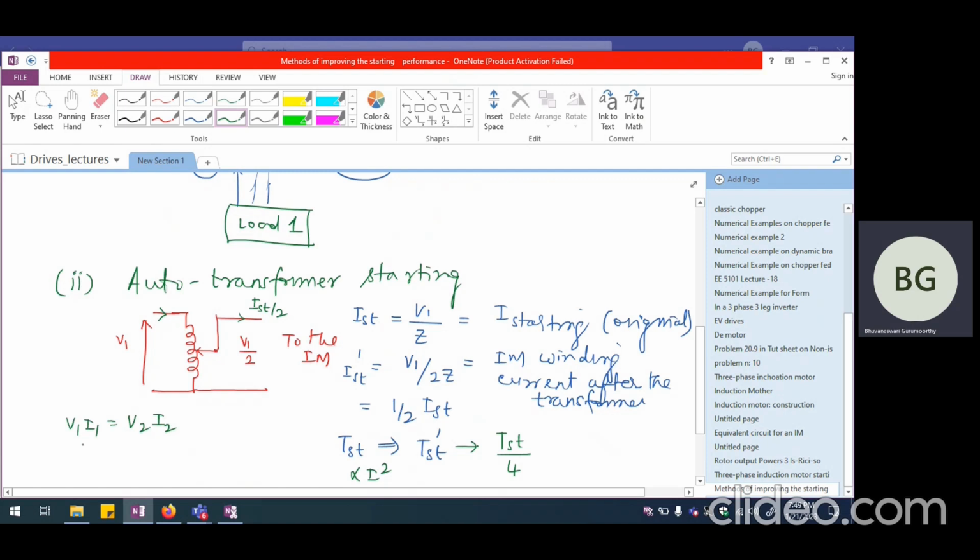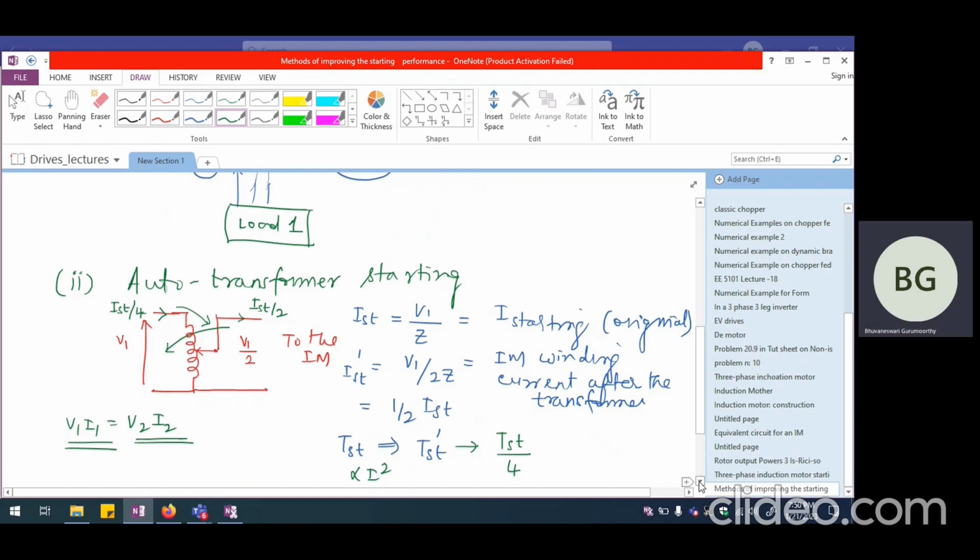If the power is V1 I1 on the primary side, on the secondary side it will be V2 I2. So if the voltage has been halved from the primary to secondary side, the current will be halved from the secondary side to the primary side. So what I see as the current here will be IST divided by 4.